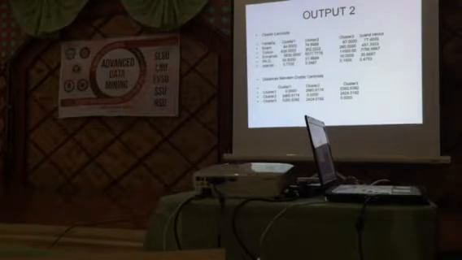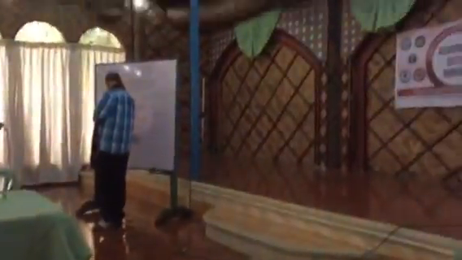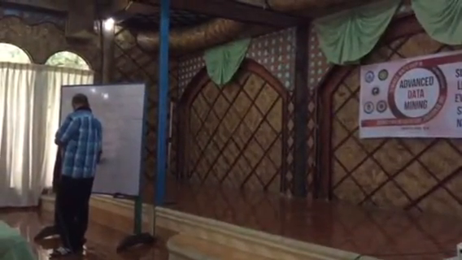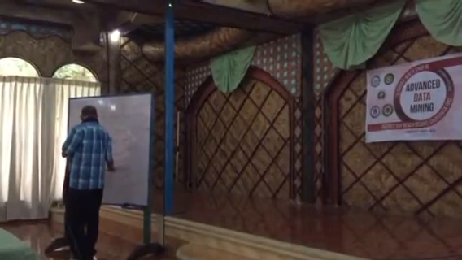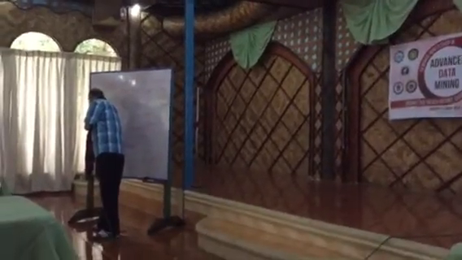Exam versus tuition. Suppose that you find that the optimal relationship is A plus B times tuition plus C times tuition squared, and that gives you an R squared of, let's say, 97%.